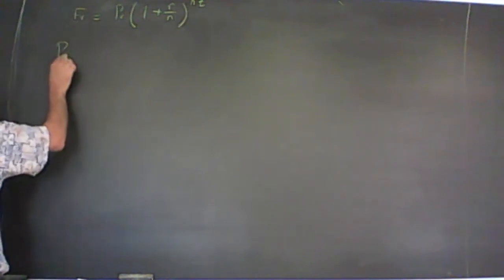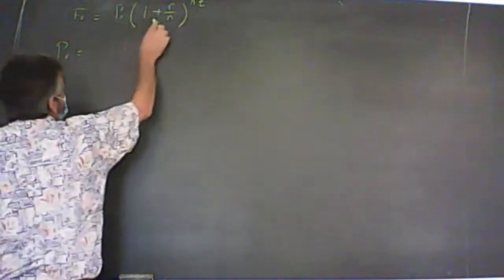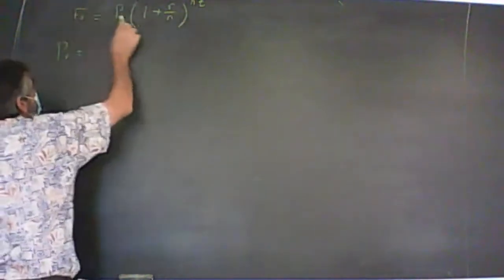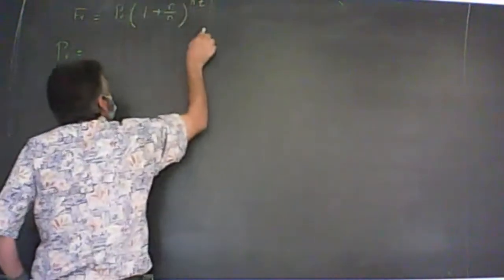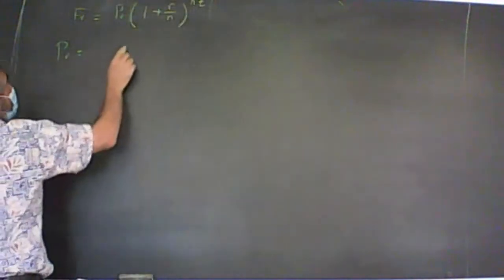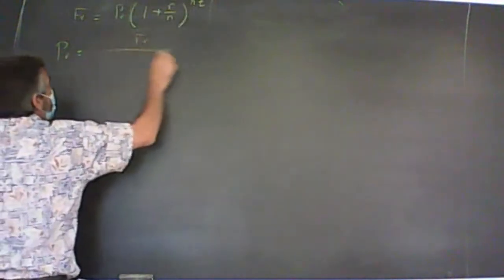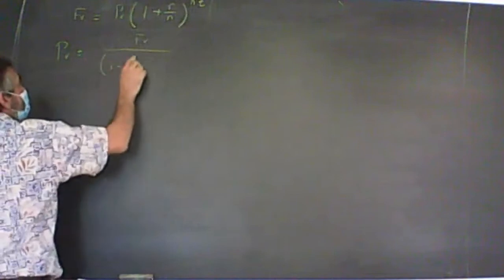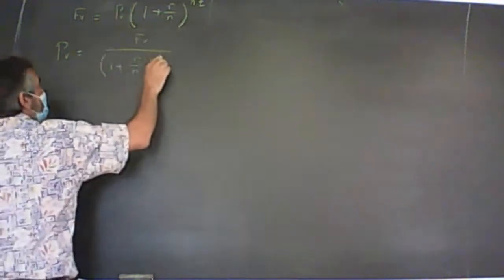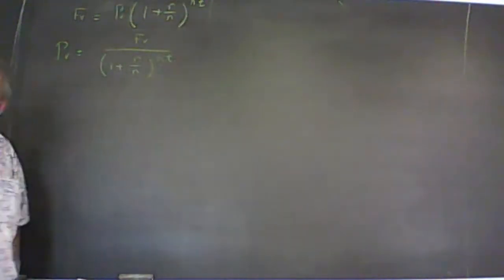So to figure out the present value given the future value, if I divide both sides of the equation by this term, PV equals the future value divided by (1 plus R over N) to the power NT. So far, so good. Any questions?